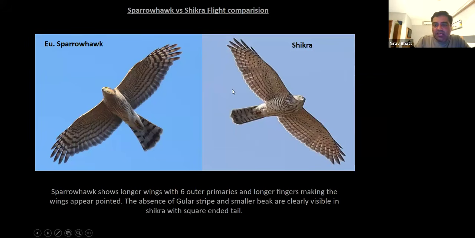Lastly, the markings. Sparrowhawk in flight has more prominent markings on the flight feathers in comparison to Shikra. The barrings are more prominent in the Sparrowhawk, especially in the outer primaries.